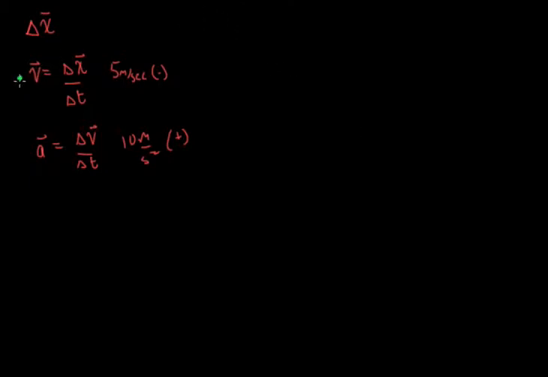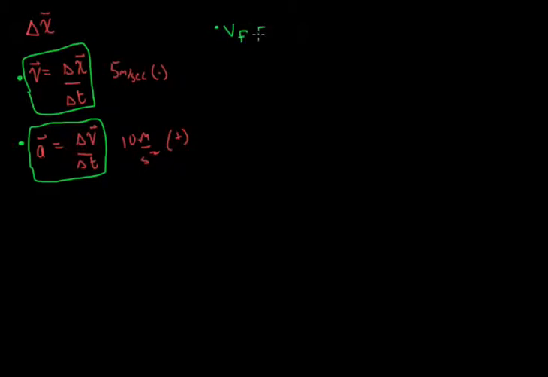So we've got these two formulas right here, and we've also got three other formulas if we have constant acceleration, which are very helpful. The first one is velocity final equals velocity initial plus acceleration times time.